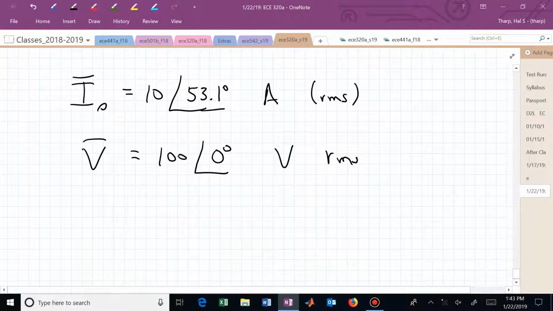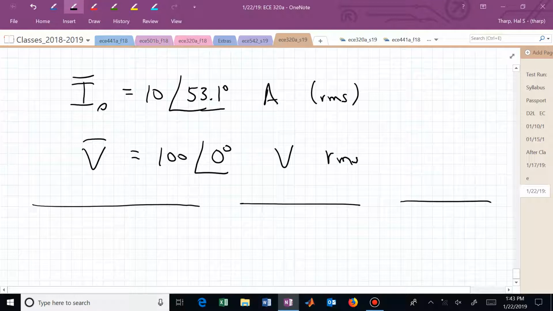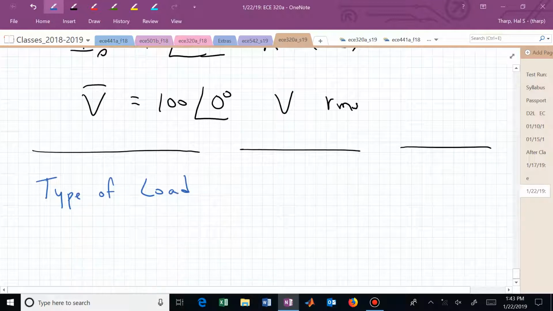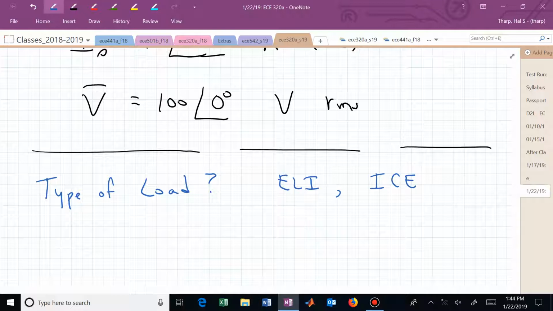Now somebody might ask, well, what kind of load was that overall, the net load? So now we're saying, what's the type of load? And we can now go back and remember Eli the Iceman, if we need some way of remembering what kind of an impedance that interconnected combination of three loads yields to the source.